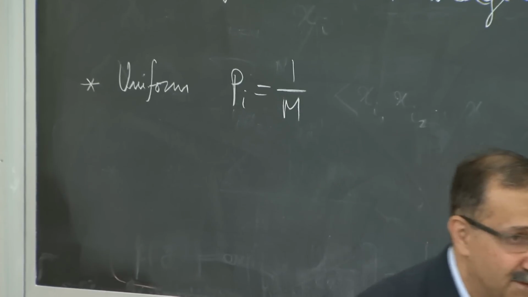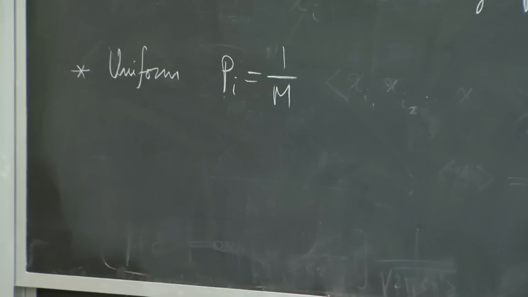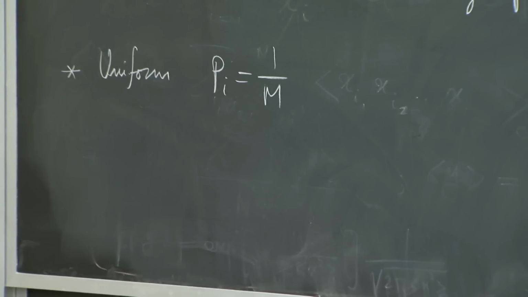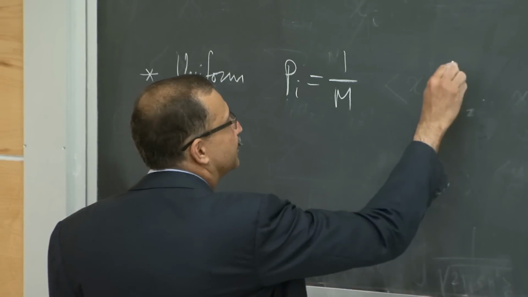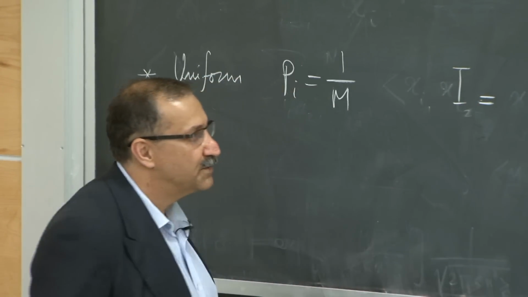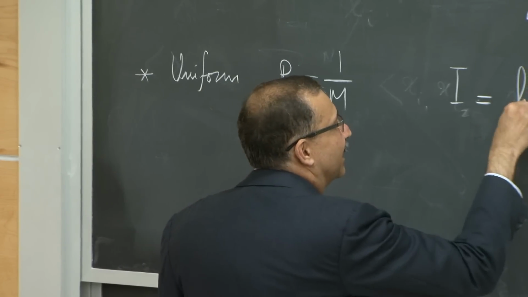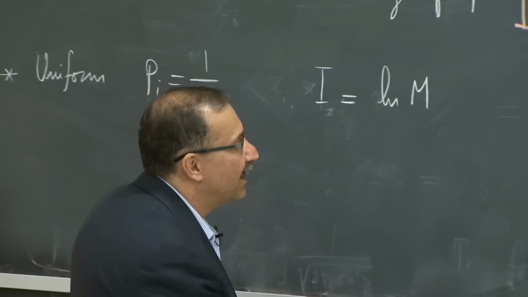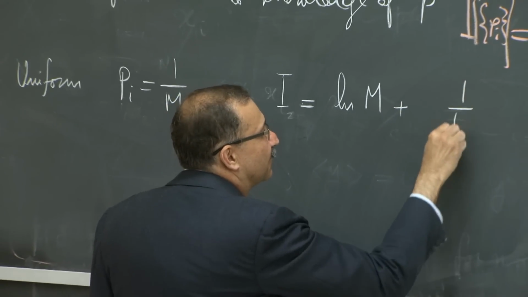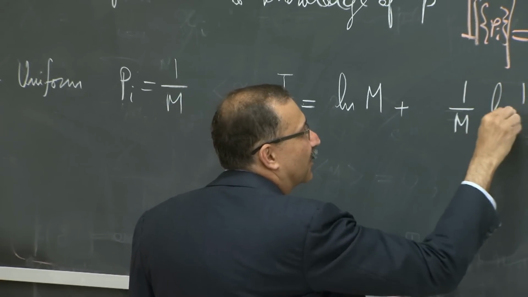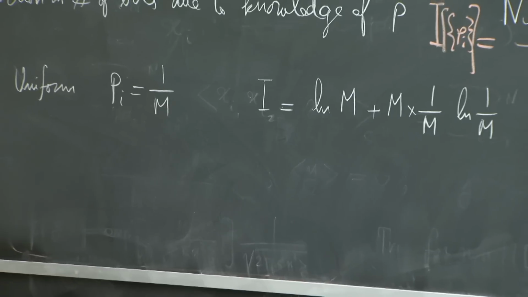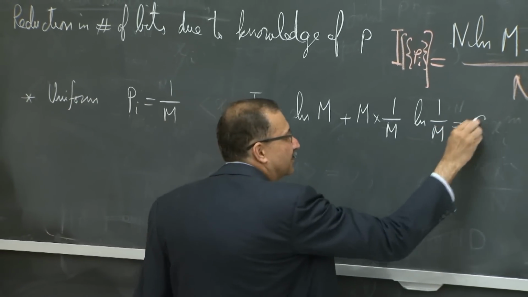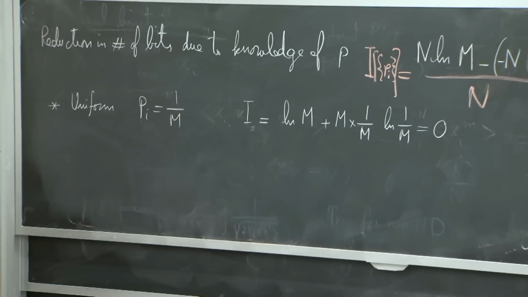You would say that if it's an unbiased coin, I really should send 1 bit per throw of the coin. And indeed, that will follow from this, because in this case, the information content is going to be log m, and then I have plus 1 over m log of 1 over m, and there are m such terms that are uniform, and this gives me 0. There is no information here.